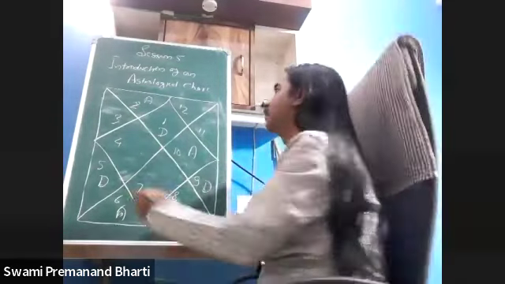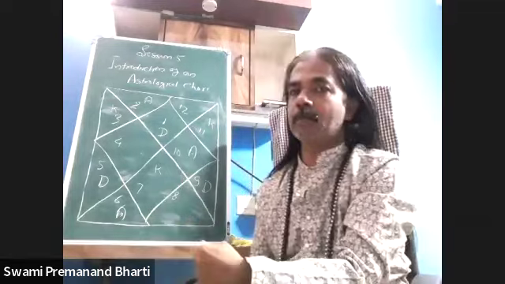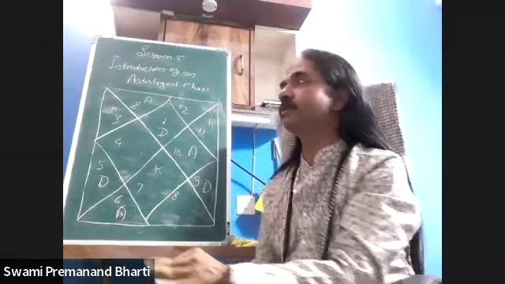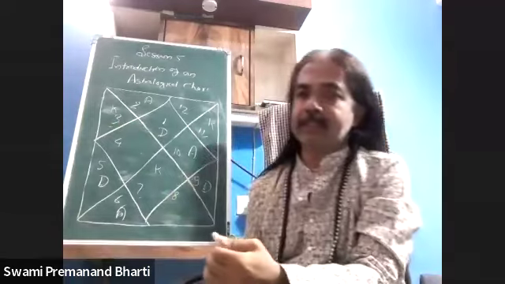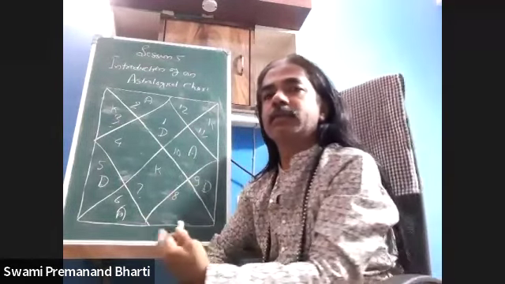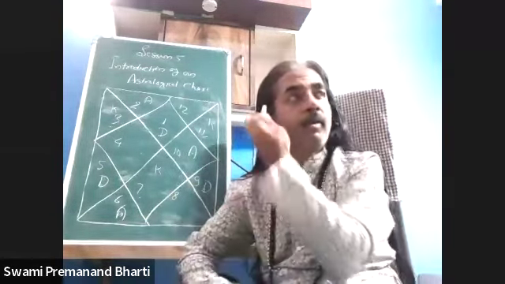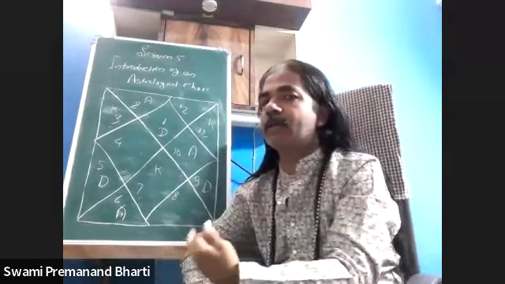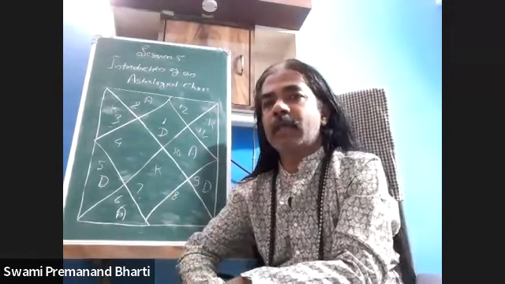Third is the Kama houses. As I said, four Purusharthas: Dharma, Artha, Kama, Moksha. So the third categorization is of Kama houses: third house, seventh house, 11th house. Kama means desire. These are the houses of desire. Whatever your desire is, that is seen from these Kama houses.